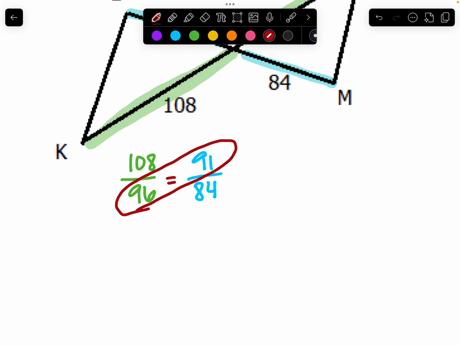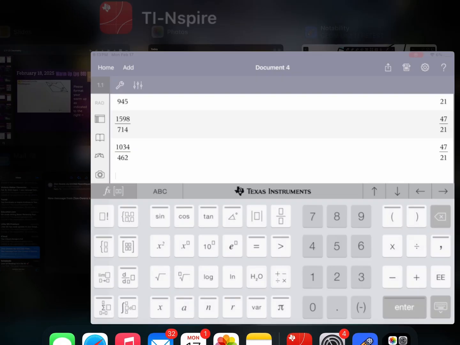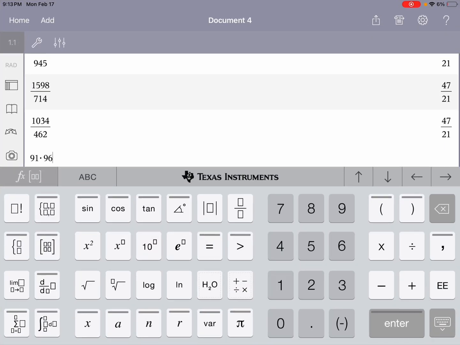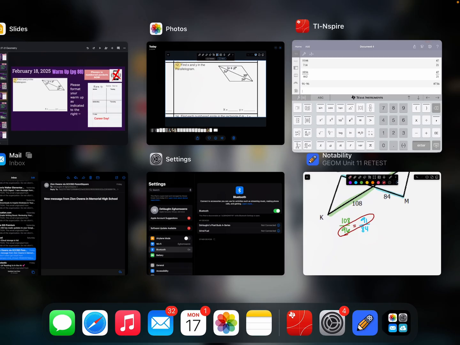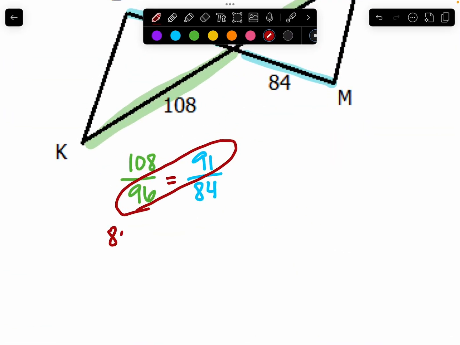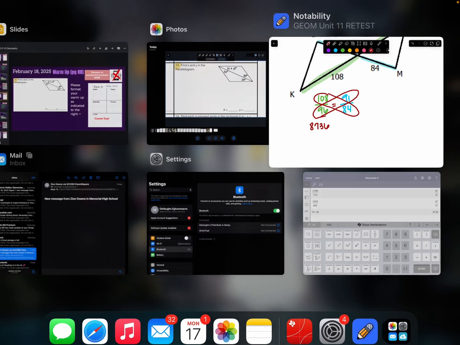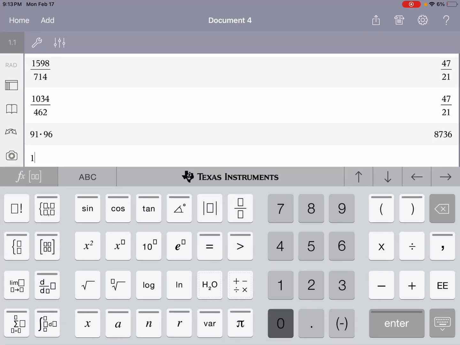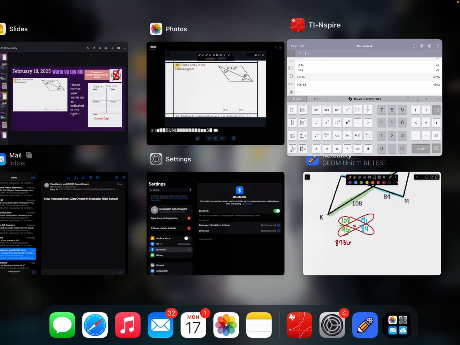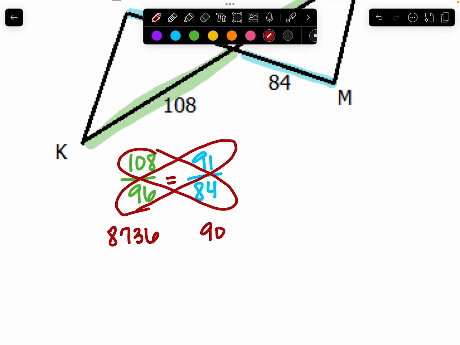Really doesn't matter. All right, now let's cross multiply this way. All right, so as you can see, these are not equivalent fractions. So this is not similar.